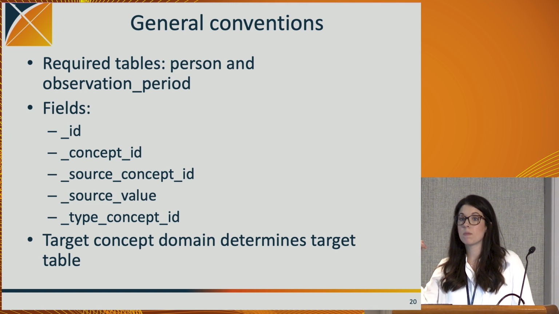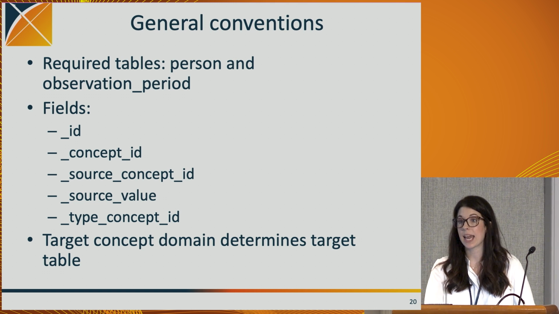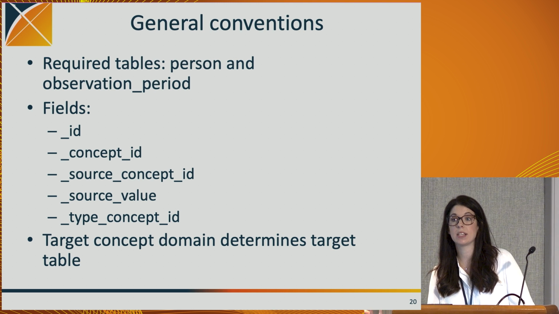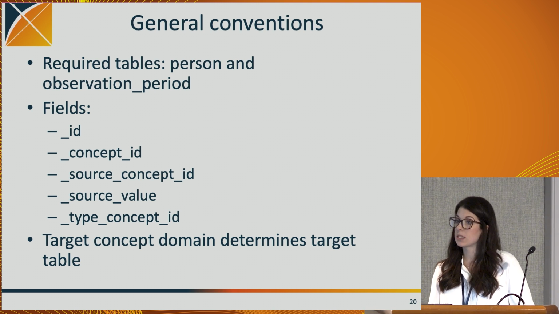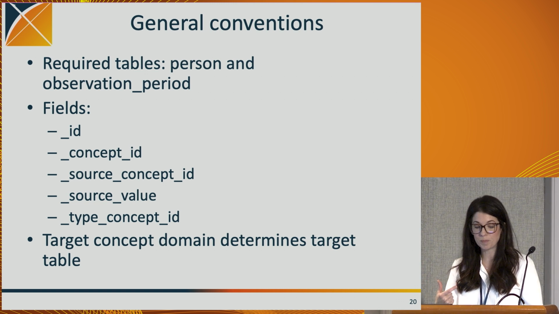But we also keep the source concept ID and the source value. So in the case of angioedema, you might have an ICD-10 code that represents angioedema. That would go in the source value field. And then you've got your source concept ID that is like the OMOP vocabulary identifier for that particular ICD-10 code.